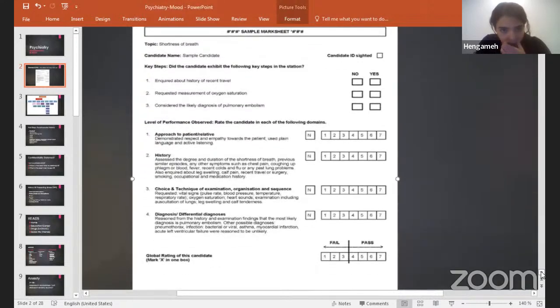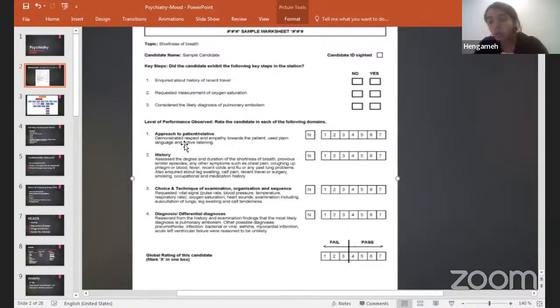Then we go down and this is the domains. So the domains, again, we know roughly what it is. There's an approach to patient for each case. Even in online exam, for the physical exam stations, we have an approach to the patient domain that we are assessed in.